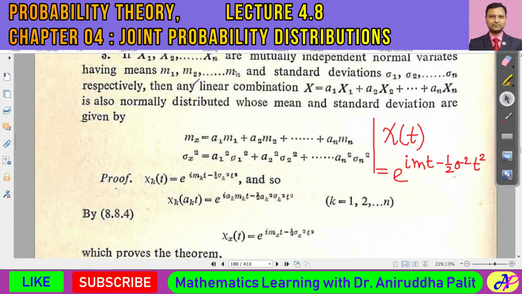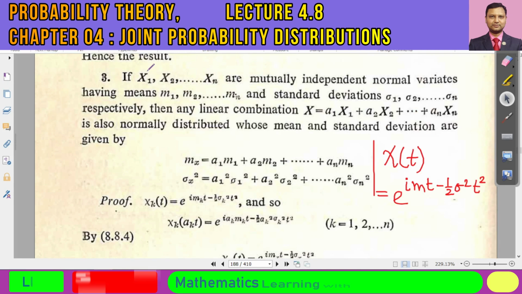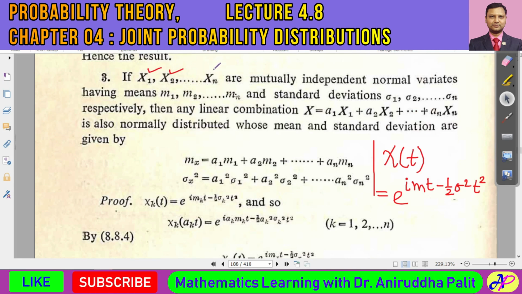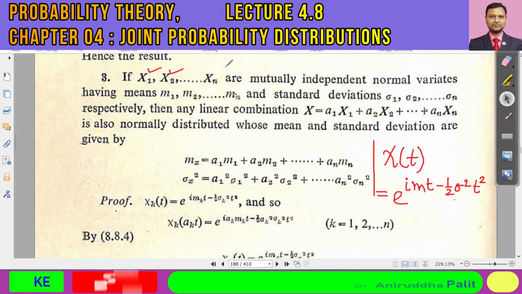So over here we are actually dealing with these random variables x1, x2, xn.